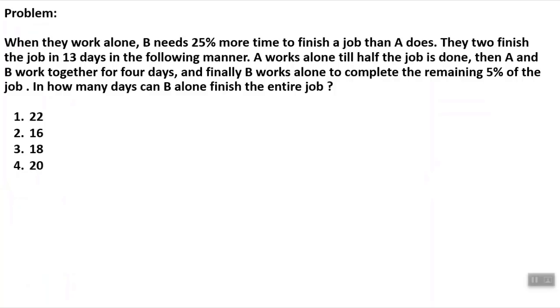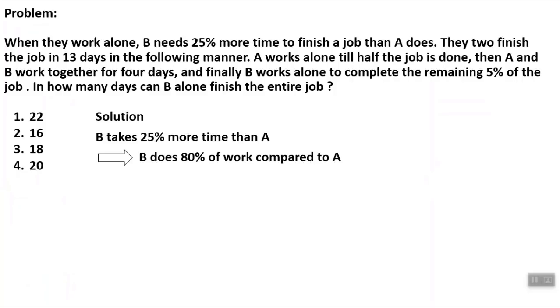Let me demonstrate this. The first line says that B needs 25% more time to finish a job than A does, which means B does 80% of the work compared to A per day. Which means if B does 4 units of work per day, then A does 5 units of work per day.